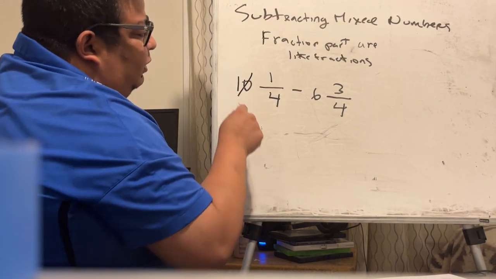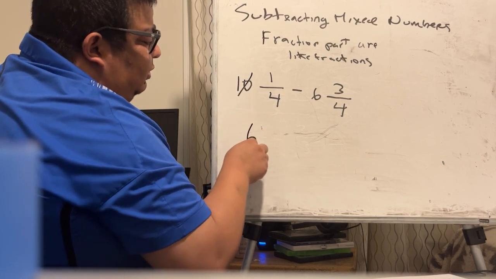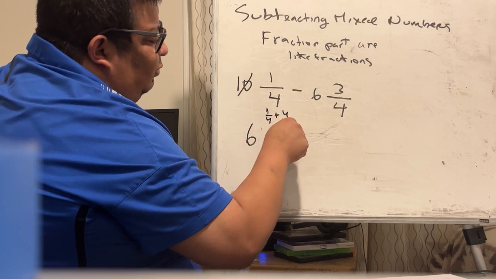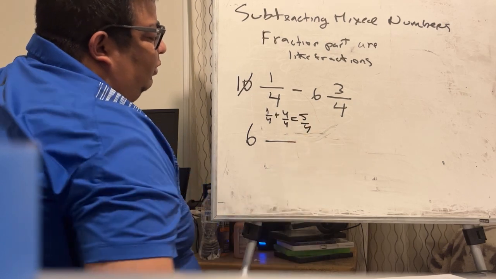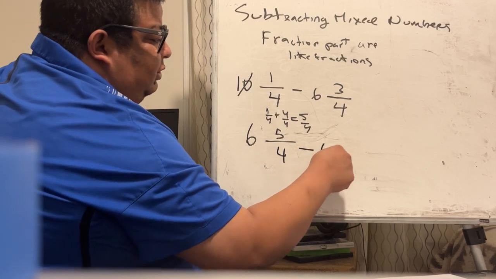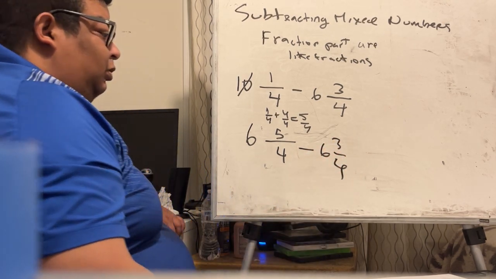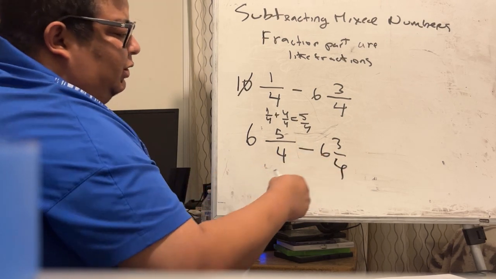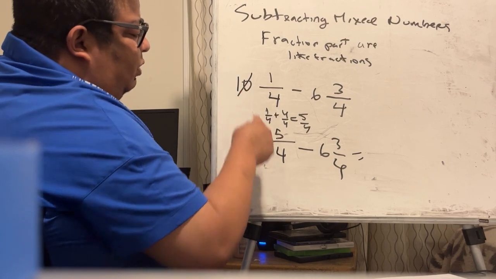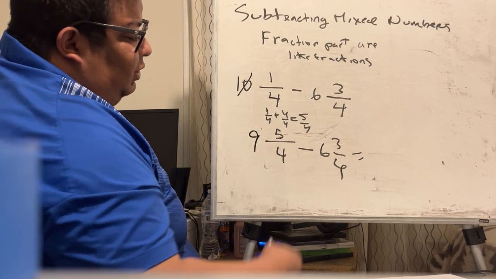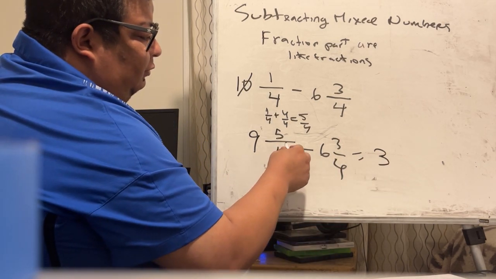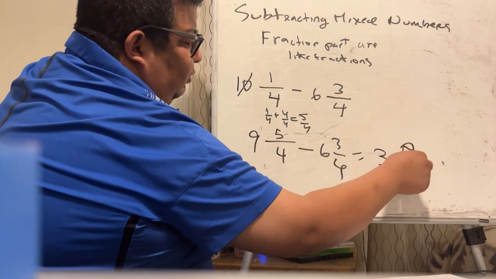We rename the fraction on the left side: you borrow 1, so it's 1/4 plus 4/4, that's 5/4. That becomes the new fraction part of the left side. Now 5 is greater than 3, so we can do the subtraction. I'm sorry, the 10 doesn't become 6, it becomes 10 minus 1, which is 9. So 9 minus 6 is 3, and then 5 minus 3 is 2.